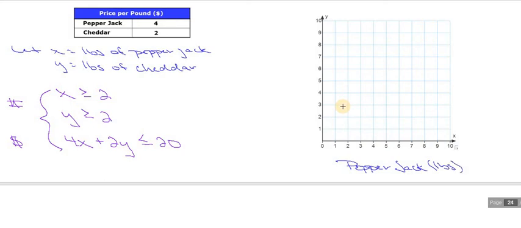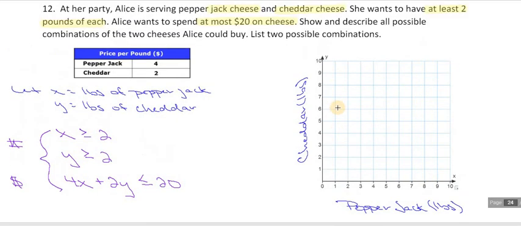Y was cheddar. And that's also in pounds. And this is talking about cheese for a party, I guess. So cheeses for party.